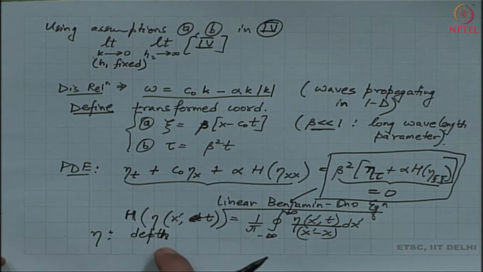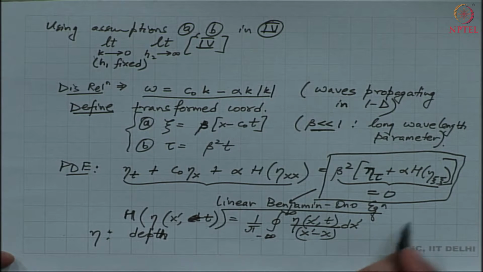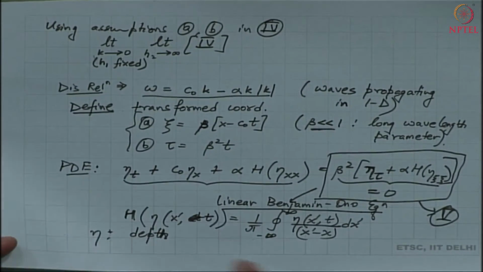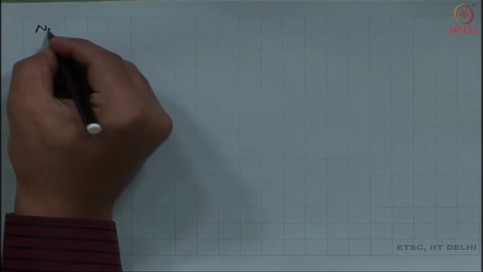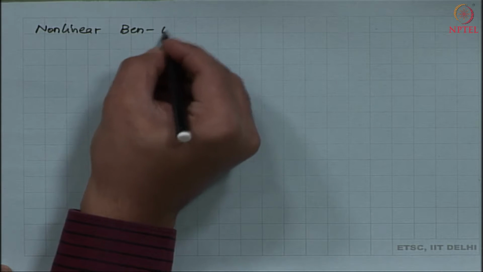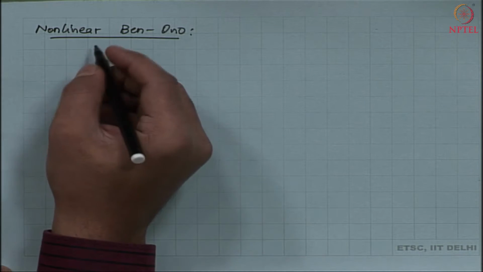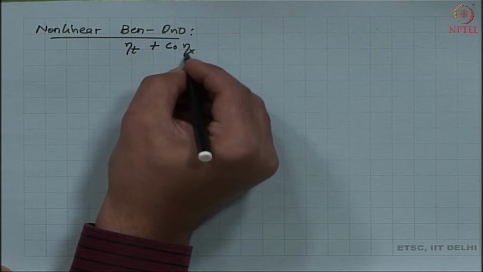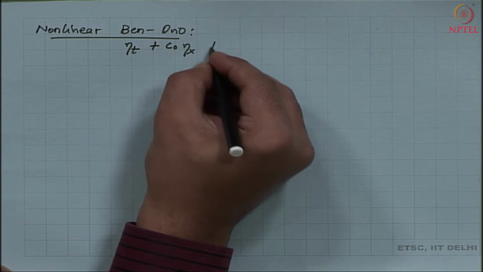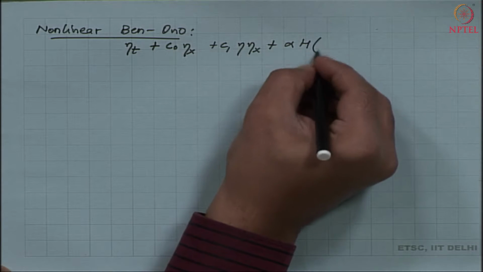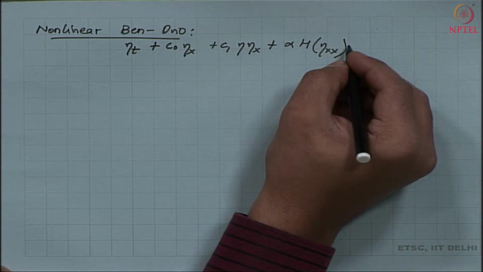Okay. So then moving on, let us say this is my expression 5. There is a nonlinear version of this equation 5, the nonlinear Benjamin-Ono equation, described by the following equation. So eta t plus c naught eta x plus c1 eta times eta x plus alpha times H of eta xx, this is equal to 0.